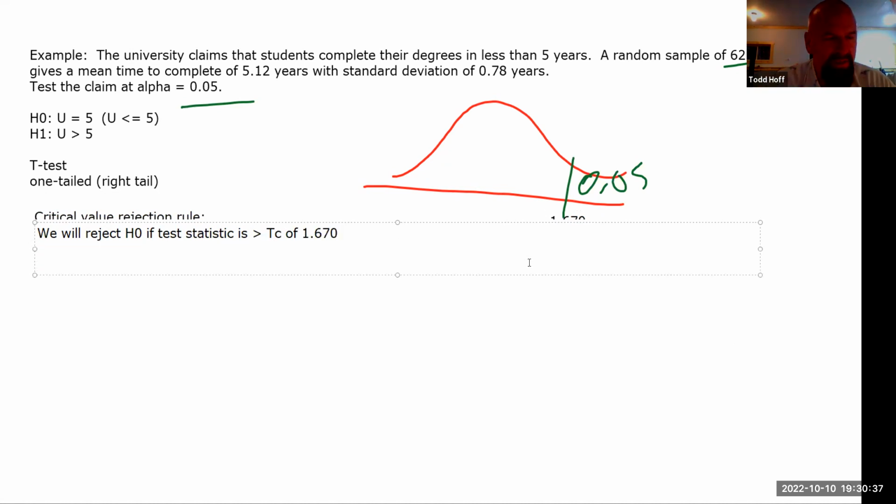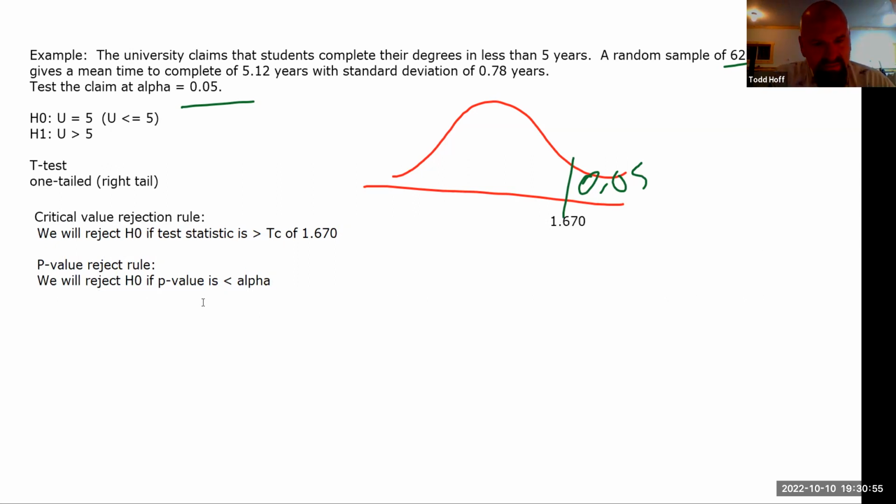And then, of course, the p-value rejection rule, it never changes. We will reject H0 if the p-value is less than alpha. In this case, again, alpha is 0.05.